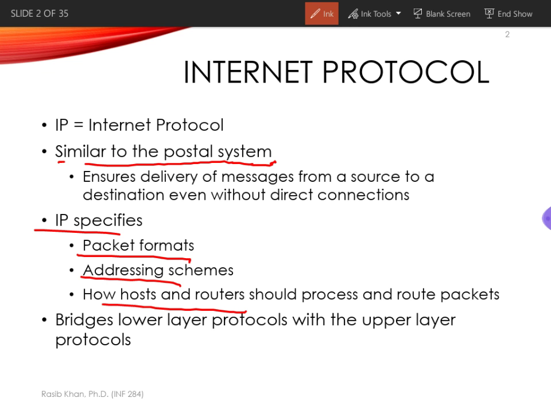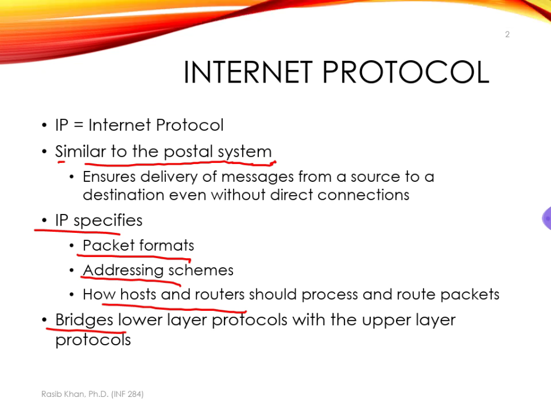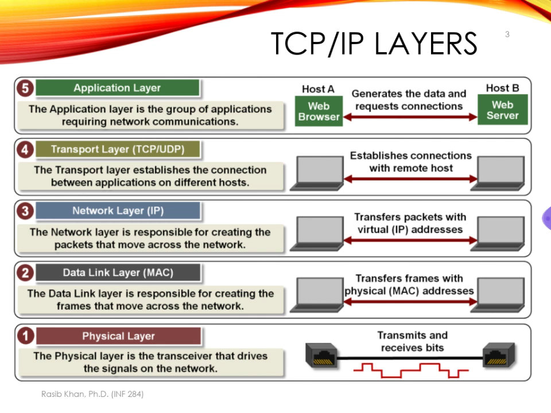One important thing that IP provides is the bridging of lower level protocols, that is the data link layer, and the upper layer protocols, which is the transport layer. So it is something which sits in the middle in layer 3.